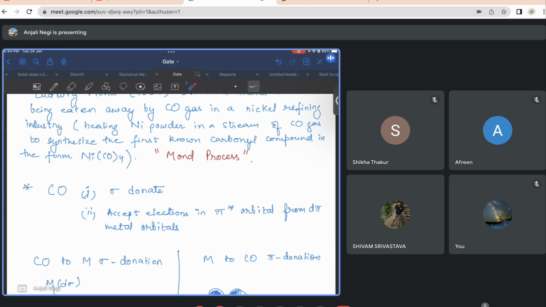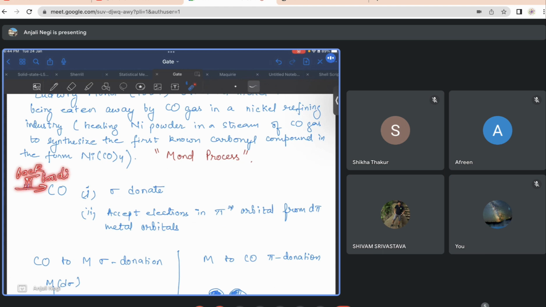For the second, it accepts electrons in the pi antibonding orbital from the metal d pi orbital. So it gets back bonding, or we call it back pi bonding.